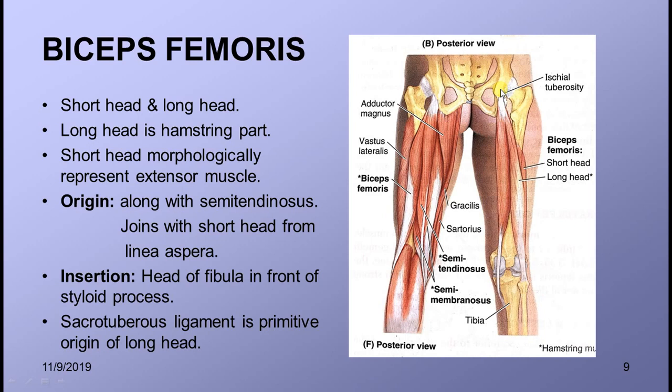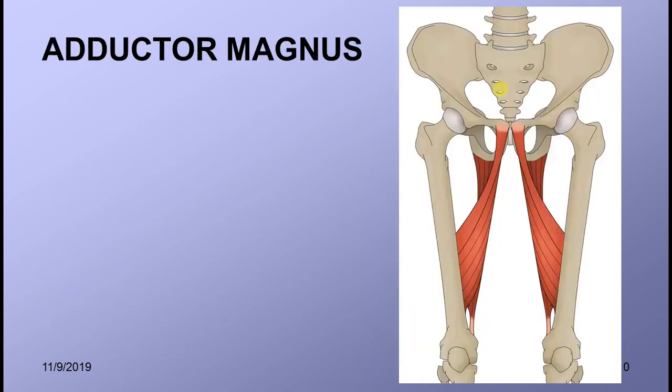The muscles have migrated and some of them have become ligamentous to give additional support to the joints, especially during weight bearing. So we have seen semitendinosus, semimembranosus, then the biceps femoris muscle.